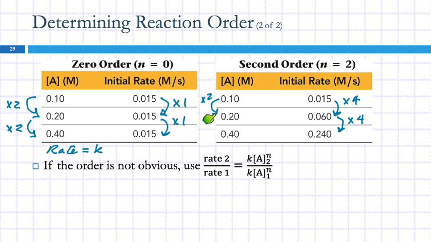So double the concentration, quadruple the rate. Second order. So the rate there is equal to the rate constant times the concentration to the second power. And that's why when we double this, the rate gets quadrupled. I'm sorry, yes, quadrupled.